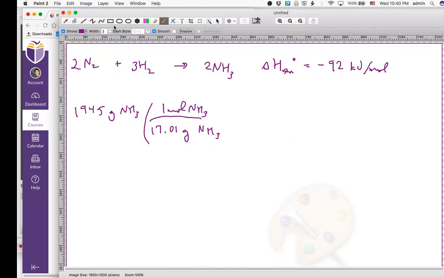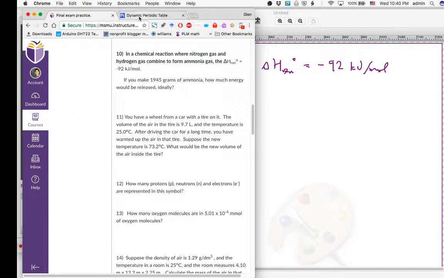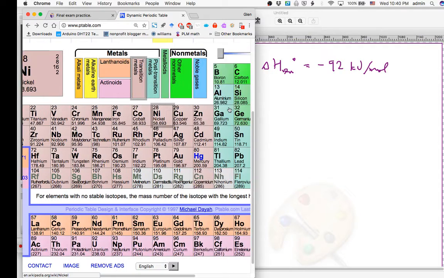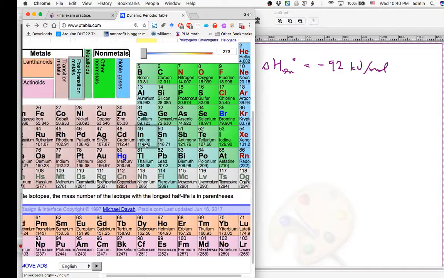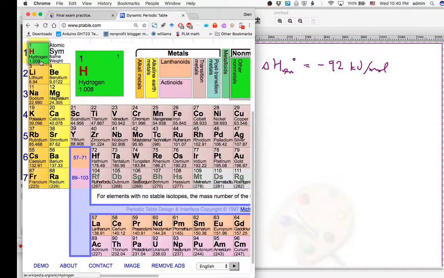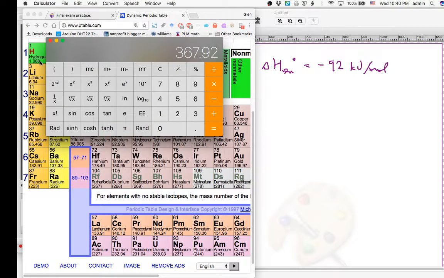Here, let me show you, just in case you forgot, because it has been a little while. Nitrogen is over here. It's 14.007 grams per mole. And hydrogen is over here, 1.008 grams per mole. So you will add 14.007 plus, now it's NH3, so there are 3 atoms of hydrogen and 1 atom of nitrogen.